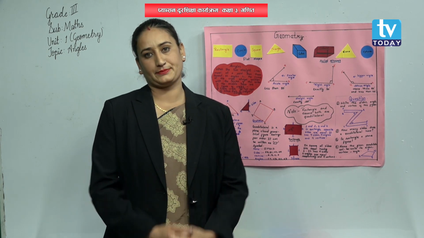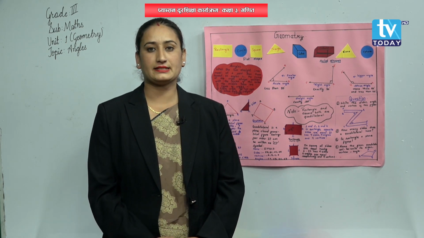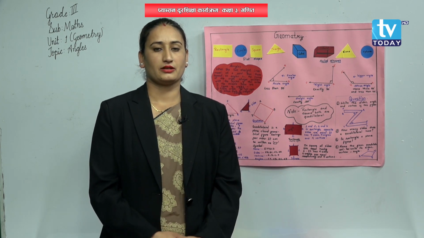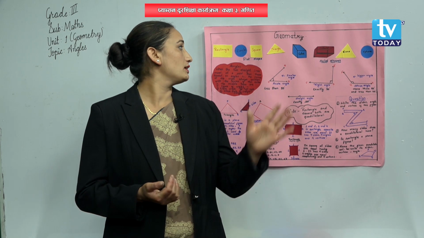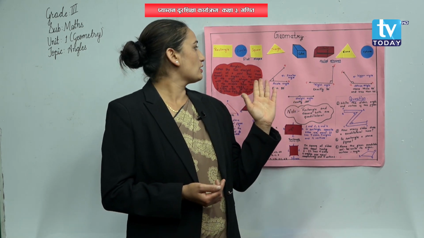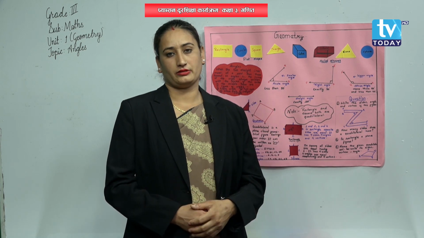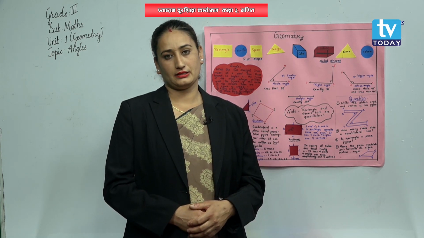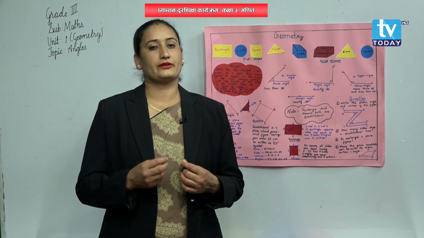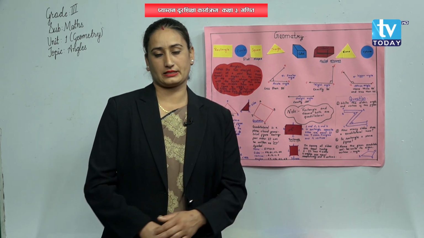Now in 3D shapes, what have we learned? We have learned about solid shapes, that is cube, cuboid, cone, sphere. Right? Okay, so this is just a review of the previous class.